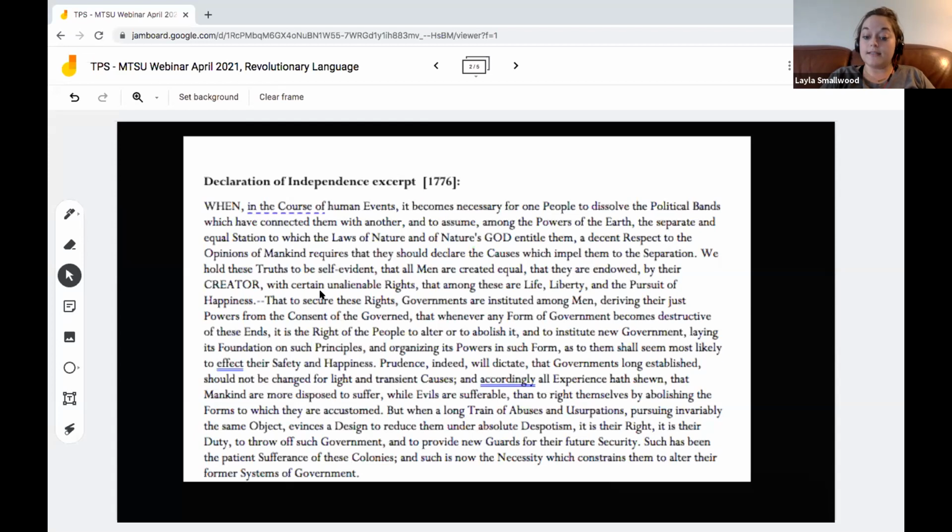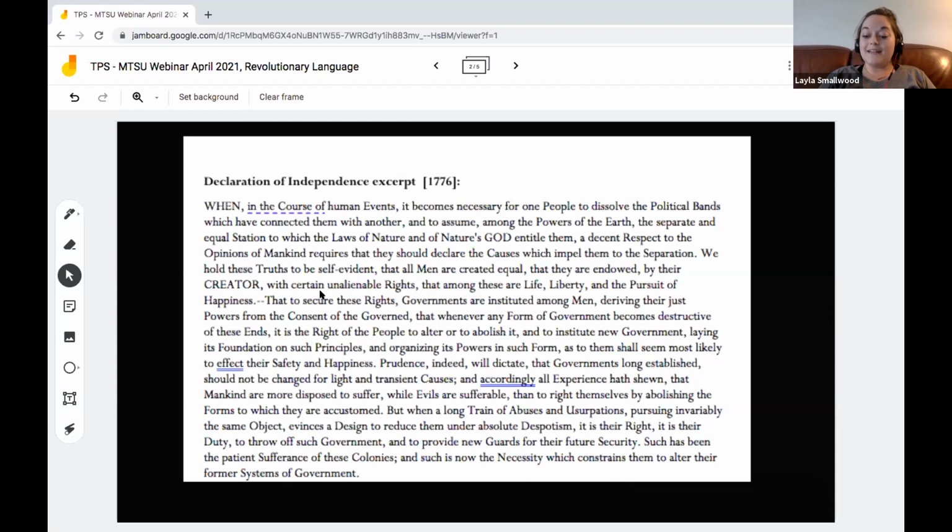Prudence indeed will dictate that governments long established should not be changed for light and transient causes. And accordingly, all experience hath shown that mankind are more disposed to suffer, while evils are sufferable, than to right themselves by abolishing the forms to which they are accustomed. But when in a long train of abuses and usurpations pursuing invariably the same object, evinces a design to reduce them under absolute despotism.